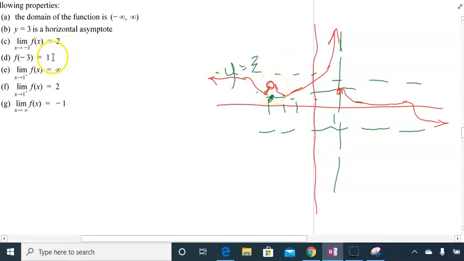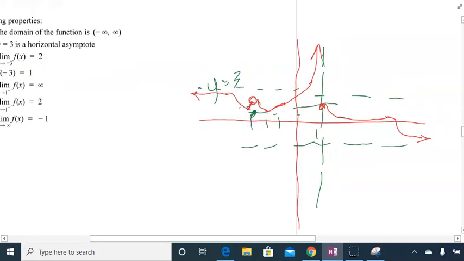And then f of -3 equals 1, so that takes care of it. Here's the point -3, 1. You want to have that point there.